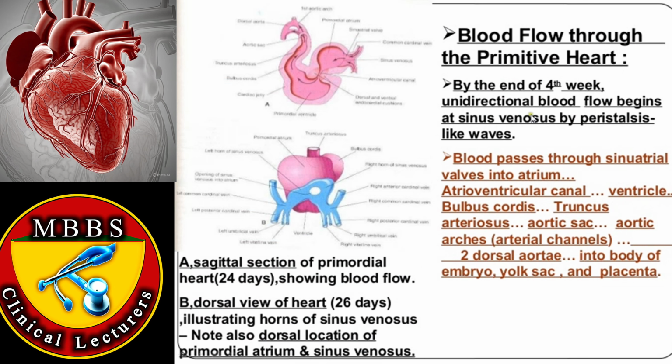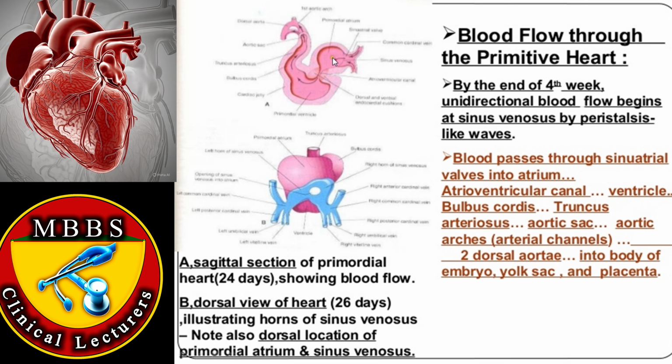So how did the blood flow start in the primitive heart? A unidirectional flow occurs, and it flows from the sinus venosus. I will describe the parts of this endocardial tube. One is called the arterial end and one is called the venous end. The venous end is the sinus venosus, while the arterial end is the truncus arteriosus. The venous end receives the blood and is connected with the primitive atria.